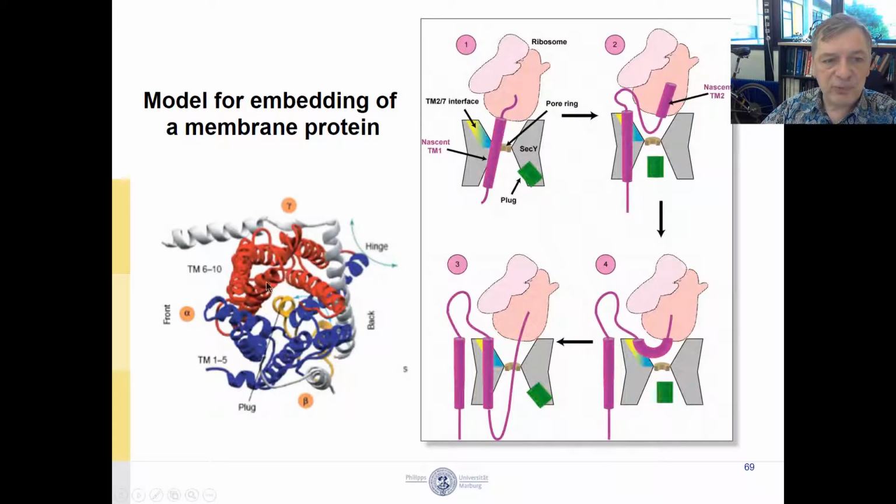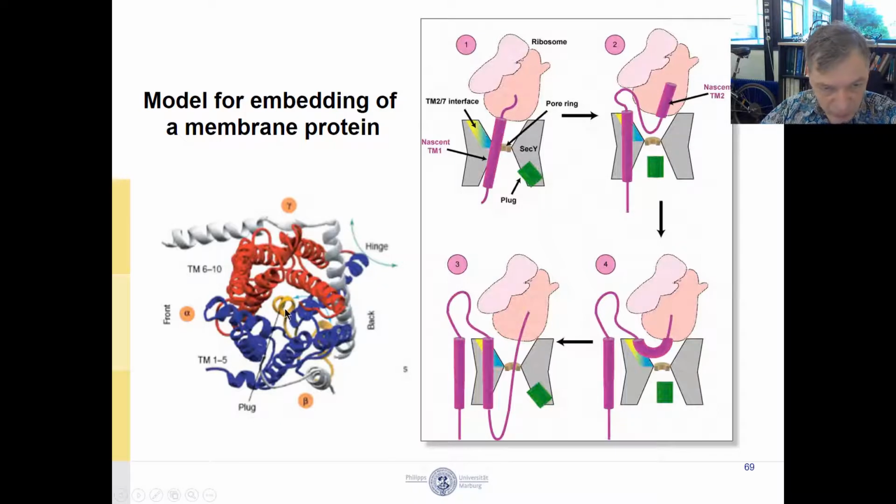You see here this kind of pseudosymmetric arrangement, again pseudosymmetric as we have seen before, for the helices 1 to 5 and the helices 6 to 10. They are connected here in a hinge-like region at the backside. But here to the side, they can open up.